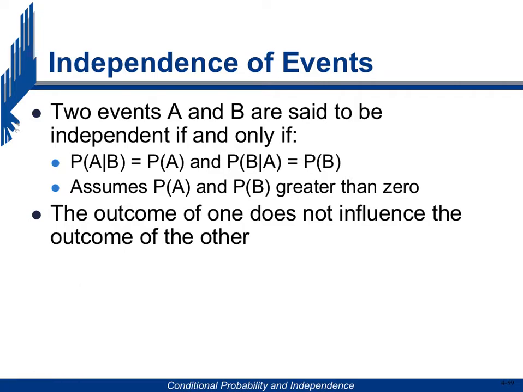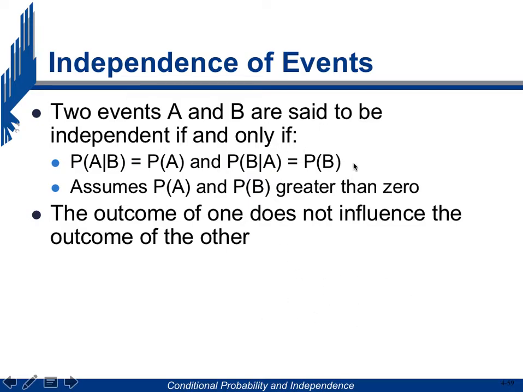Now we have another concept called independence of events, and this talks about two events again. And if two events are said to be independent, it means that they do not influence or they do not affect each other. Meaning, even if A occurs or not, it does not affect the occurrence of B, and vice versa.